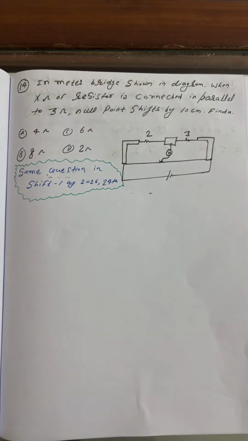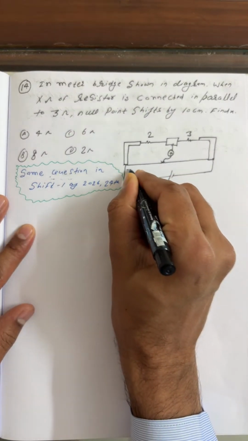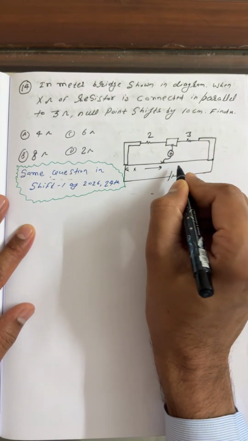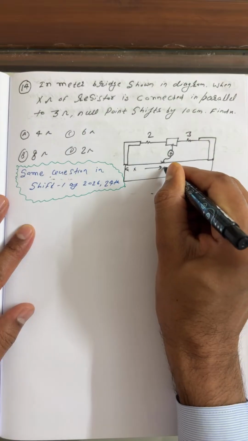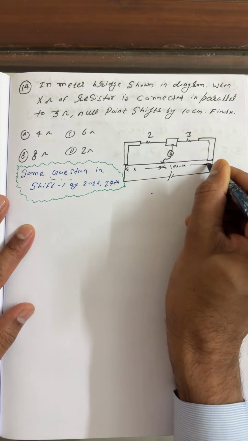So have a look, student. The first question is a meter bridge shown in the diagram. When X ohm of resistor is connected in parallel to 3 ohm, the null point shifts by some change in meter, then find X. You can easily do it. Let us suppose initially this is x, and the entire length is 100, so this is 100 minus x.